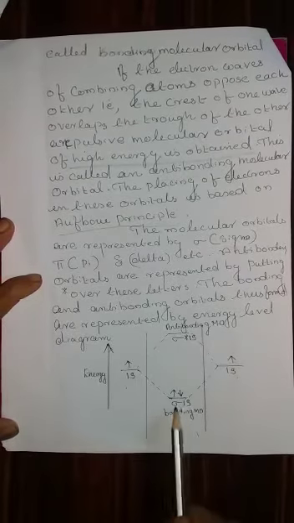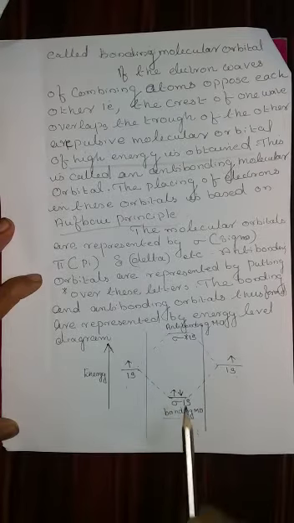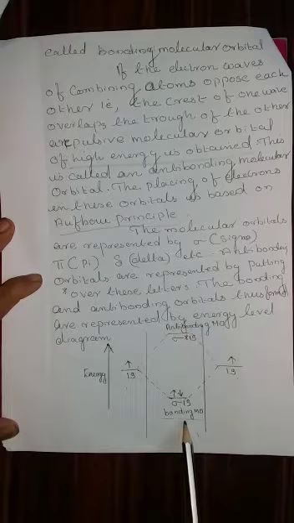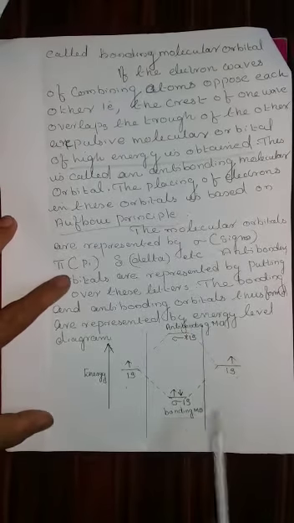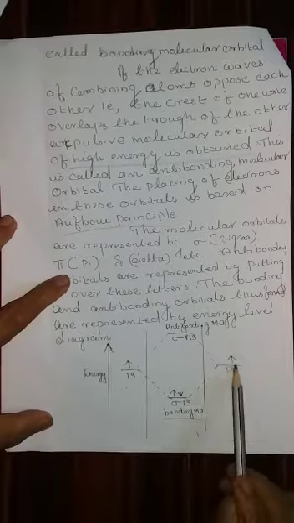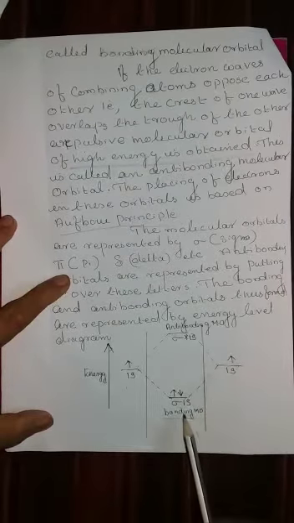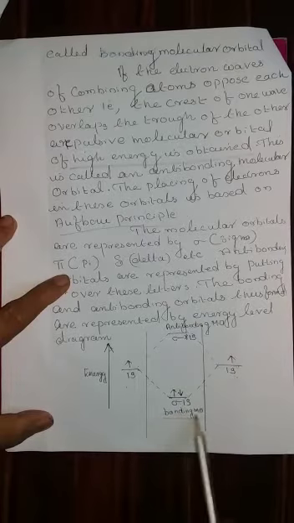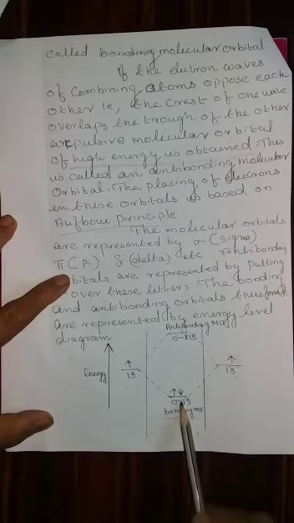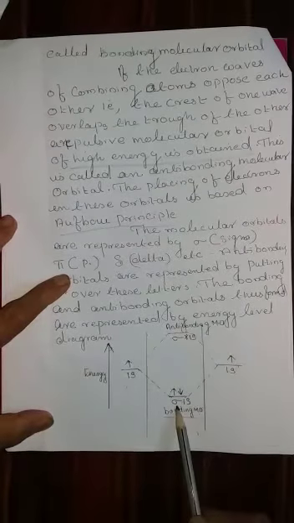And remember when you are drawing the diagram of the molecular orbital, the bonding orbital must have a lower energy than the atomic orbital which is already there. For example, sigma 1s means the bonding orbital which has less energy. Therefore, it should be below this 1s.